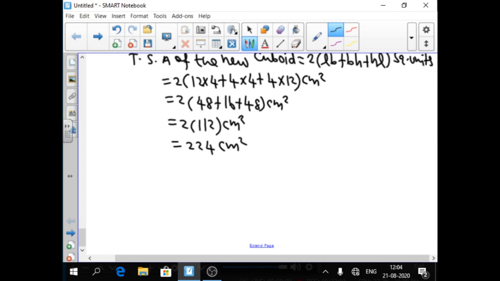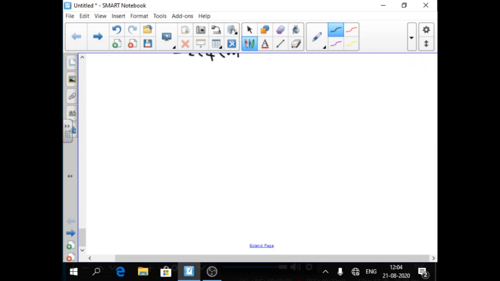Next you have to find the lateral surface area of the new cuboid.